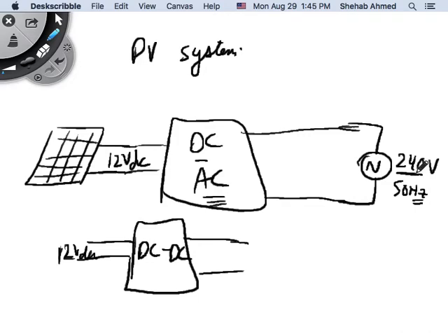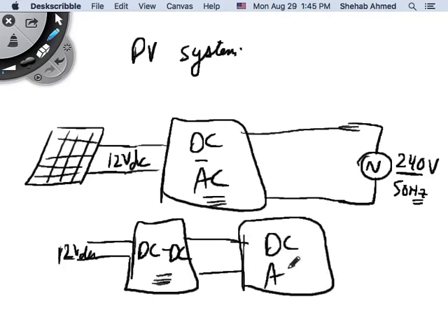So you may end up putting a more complicated DC to DC converter stage here, and then maybe a simple DC to AC inverter, or a more complicated DC to AC inverter, and have a single stage power conversion architecture. So these are two architectures, and they're both used in industry.